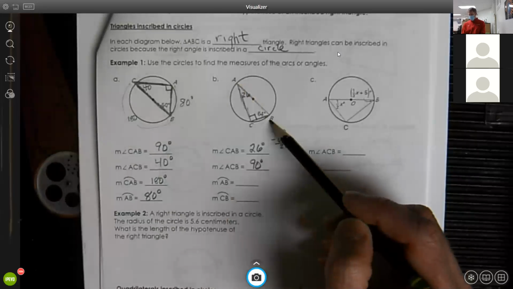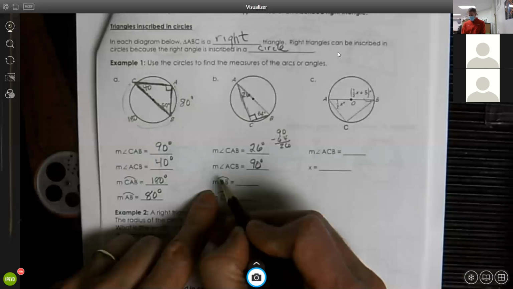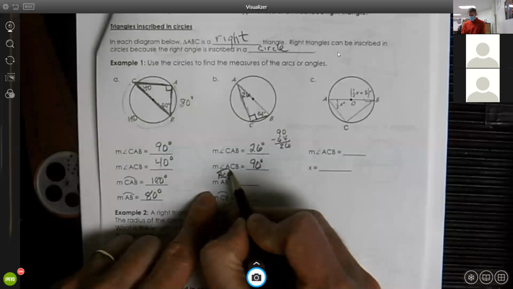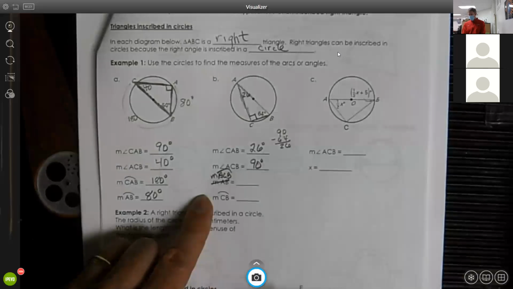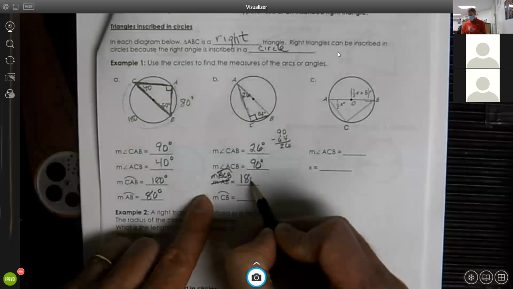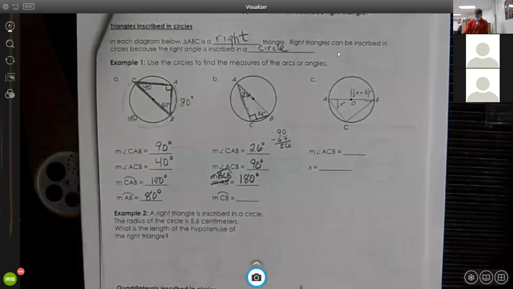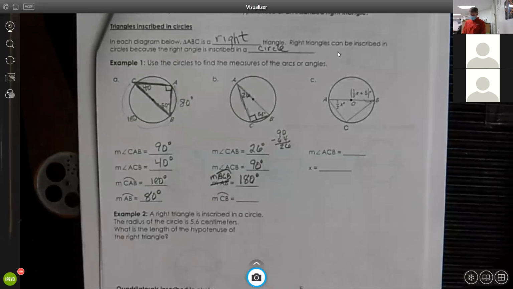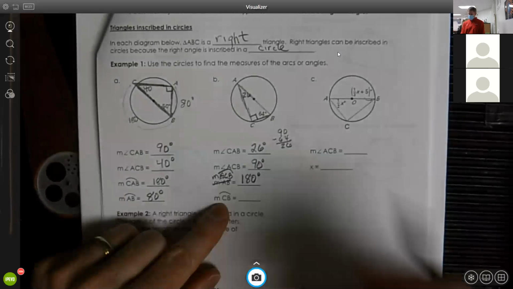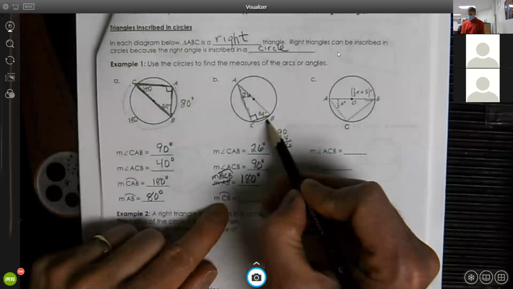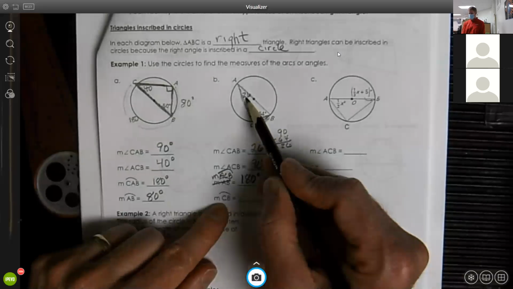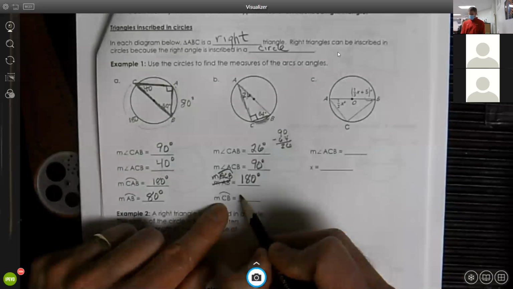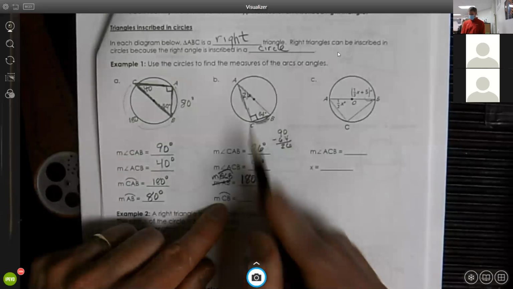But still, let's call it ACB, just so we're being sure that we're using the right notation. That would be 180 degrees. Arc CB is going to be double the inscribed angle. So 52.